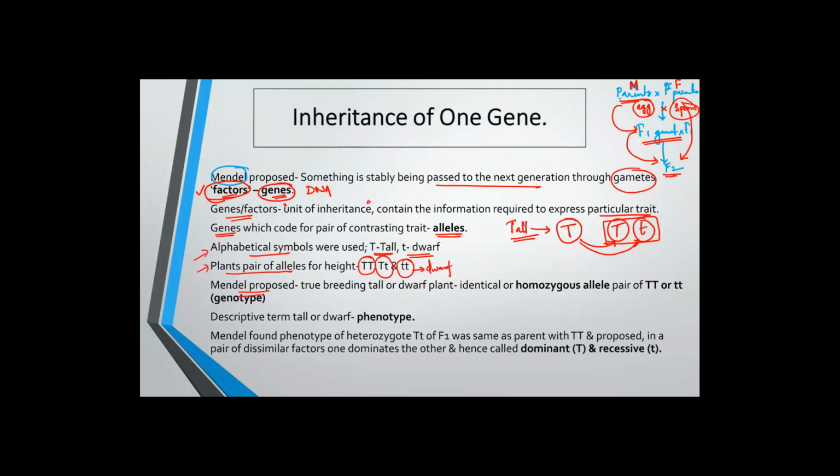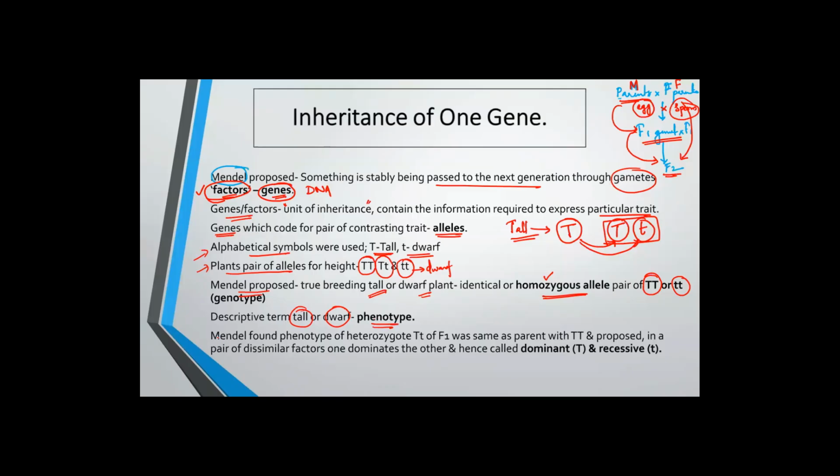Now Mendel proposed the true breeding tall or dwarf plant, that is, the homozygous allele pair. Capital T capital T and small t small t genotypes will represent homozygous alleles, which code for the particular trait, either tall or dwarf. Now, the descriptive term, tall or dwarf, tallness or dwarfness, represents the phenotype, the character.